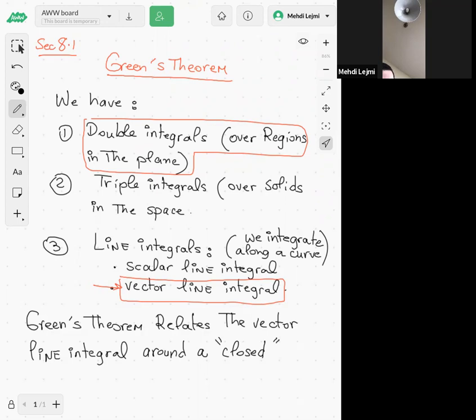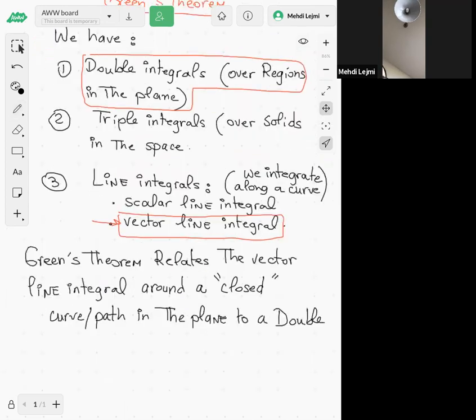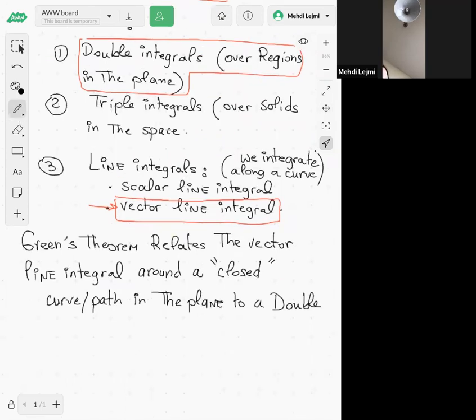So a closed curve or path in the plane, to a double integral over some region D in the plane.